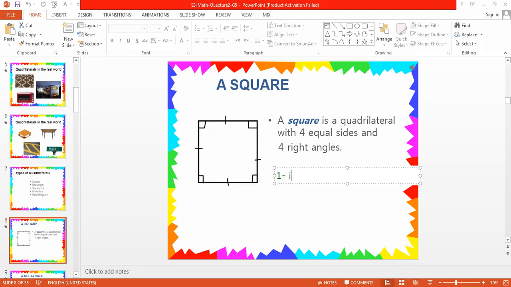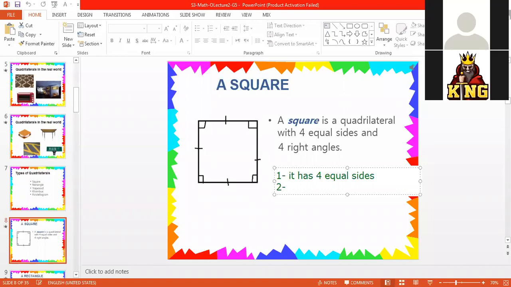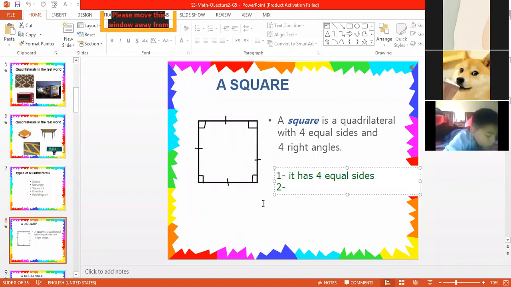It has 4 equal sides. Number 2, it has 4 right angles.